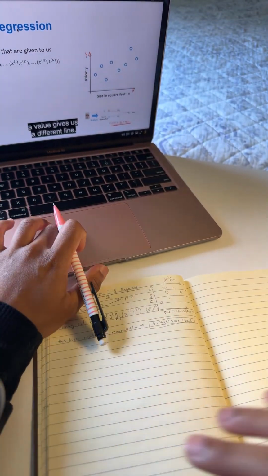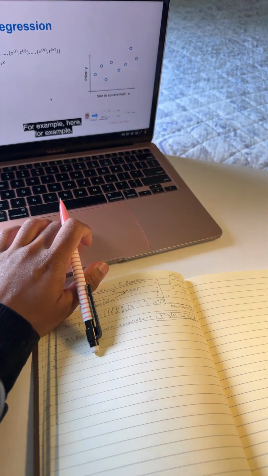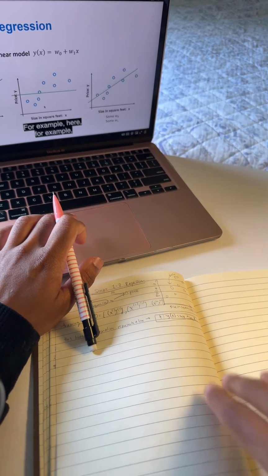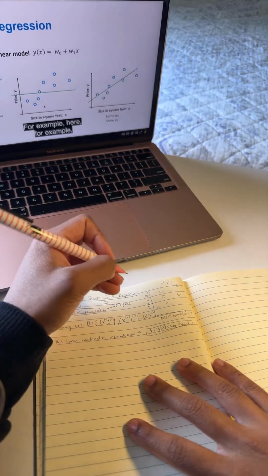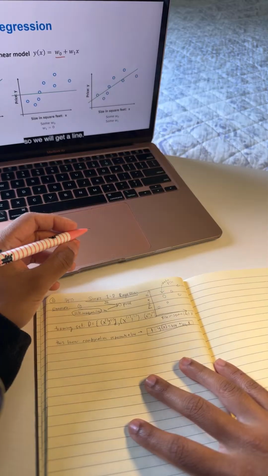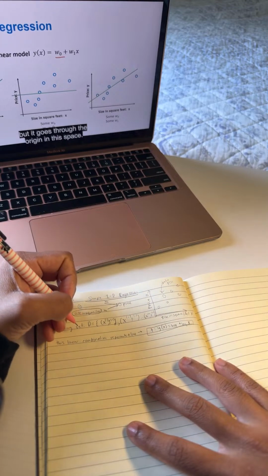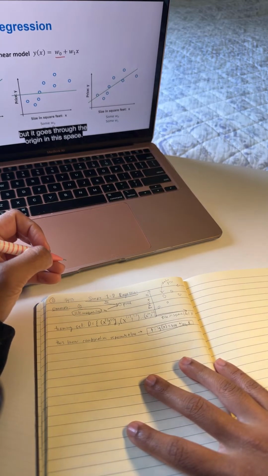I mean, if you guys have a specific reason to hate, try to work it out. For example, here, if W0 is 0, we will get a line. Suppose we have a different W1 value, we will have a different line, but it goes through the origin in this space.